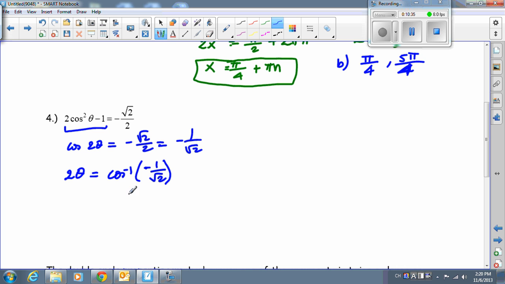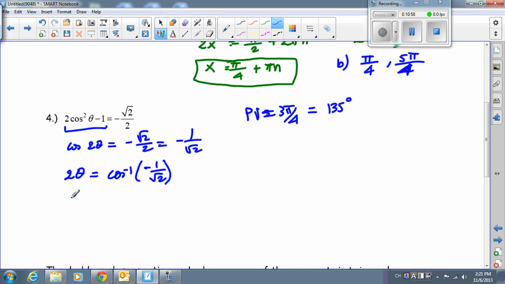You can use your calculator, and we can use degrees or radians. In radians, I will say, well, it's pi over 4 in the fourth quadrant, meaning 3 pi over 4. Why don't we do this in degrees, which is equal to 135 degrees.